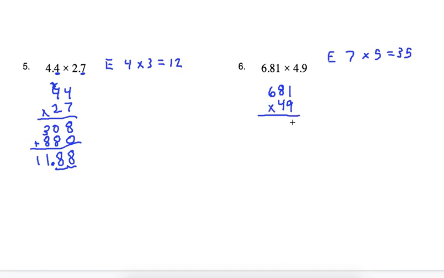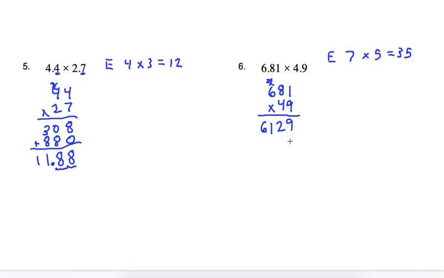So we got 9 times 1 is 9. 9 times 8 is 72. So we put down the 2, carry the 7. 9 times 6 is 54, plus the 7 would be 61. Cross off that 7, we've used it now.